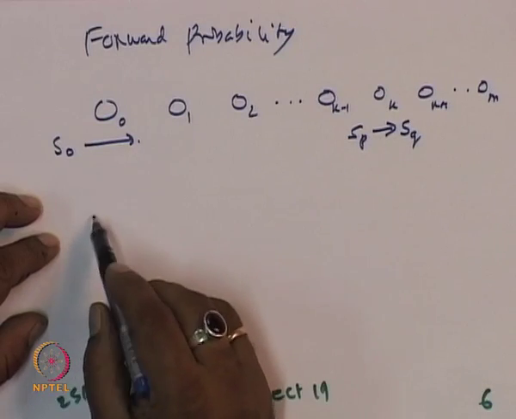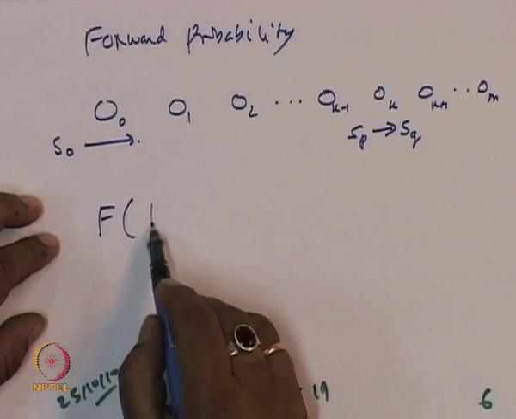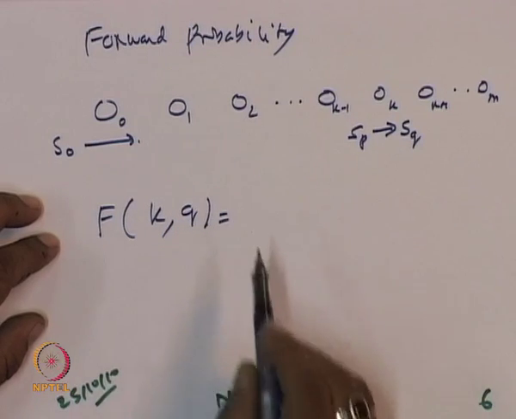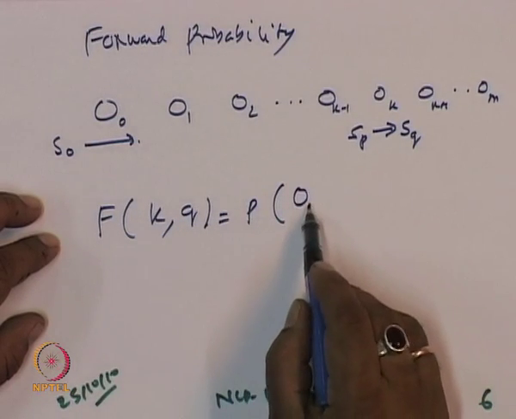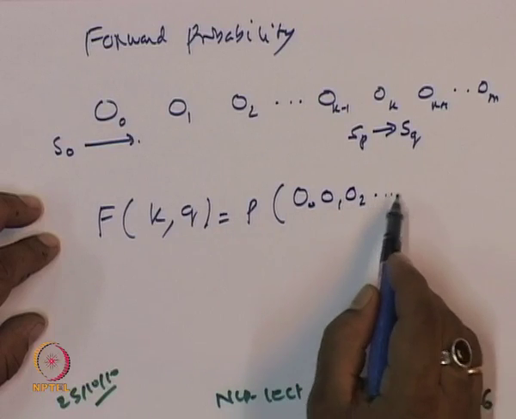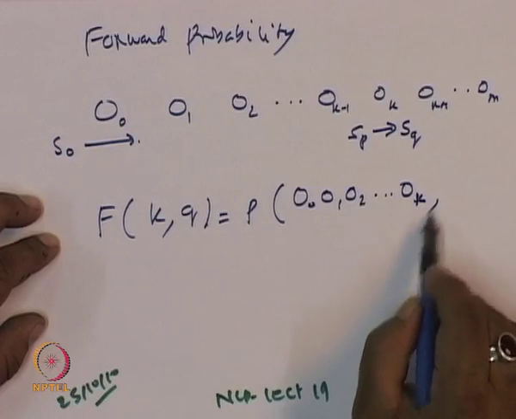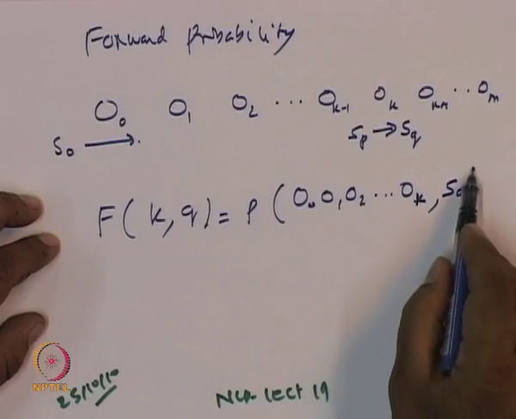So, the forward probability f k comma q is the probability of seeing O naught, O1, O2 up to O k and being in state S q.